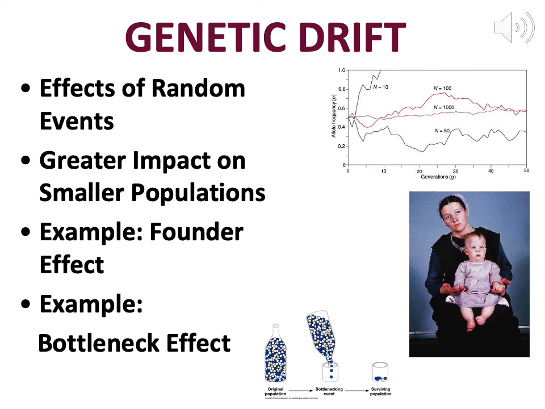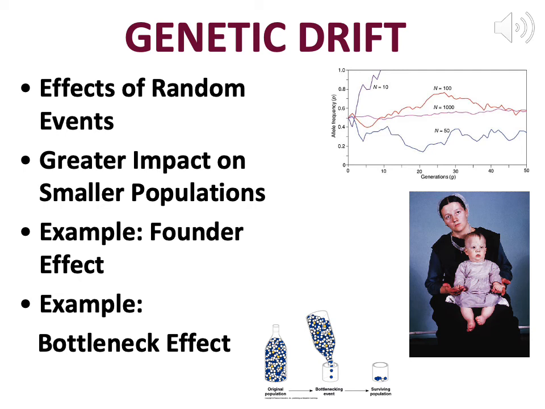Random chance events could be acts of nature, an event of parasitism, disease, hunting by humans, or an event of colonization. But the bottom line is, once that does happen, it's going to have an impact on the future genetic trajectory of that population. And that's why we refer to it as the founder effect.